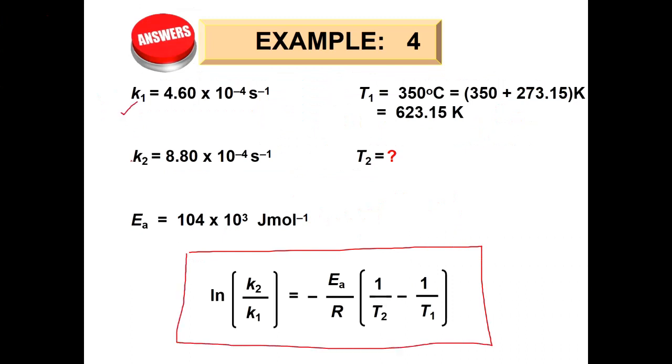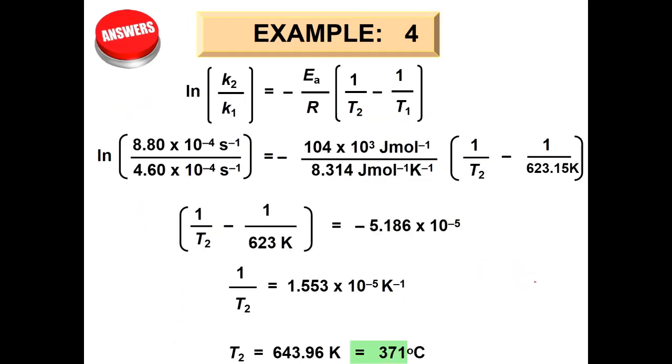This one is given, this one is given, this one is given, T1 also given. Now you have to find out T2. You substitute all the values in this equation, and finally you can find out your T2. T2 is 643.96 Kelvin, or in degrees Celsius it's 371 degrees Celsius.